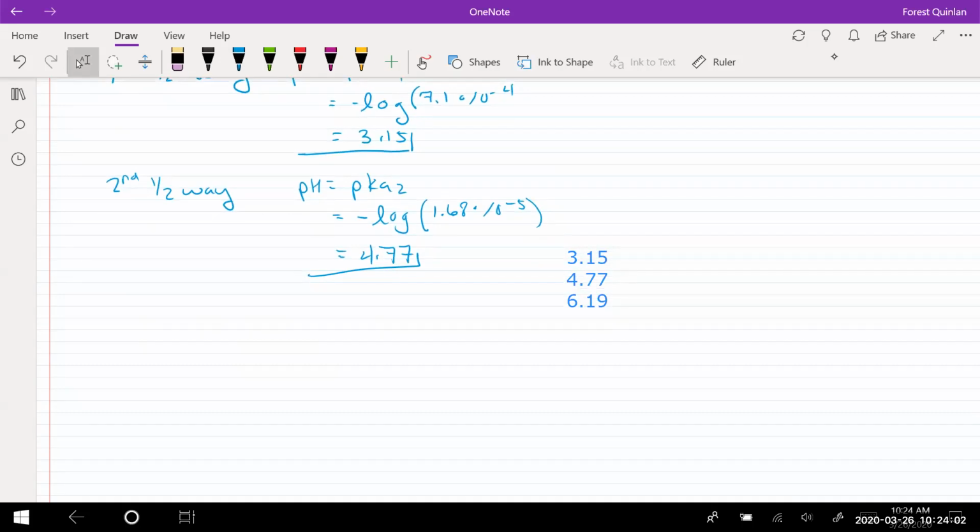And then the third halfway, pH equals pKa3, or negative log of 6.4 times 10 to the negative 7, or 6.19.